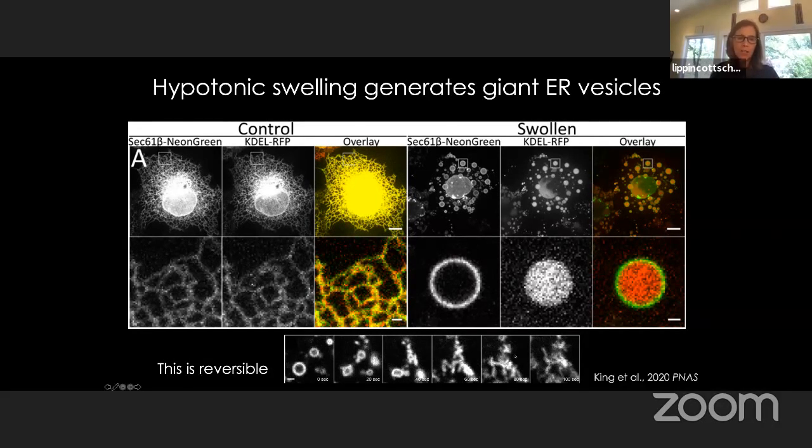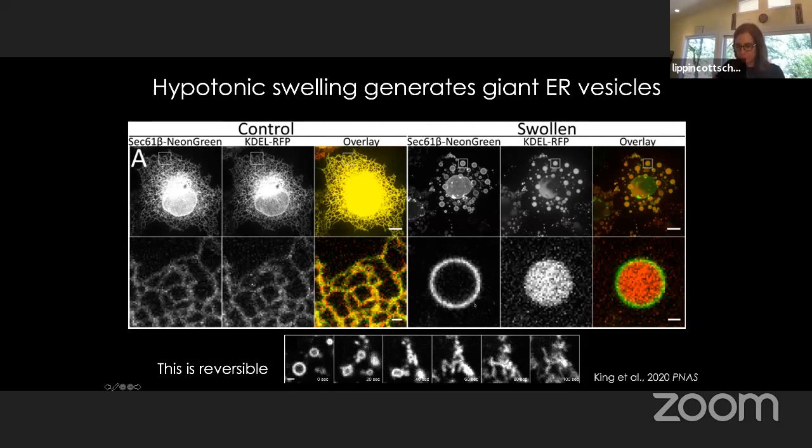And the fact that we can see the ER reassemble this way is extremely exciting because it suggests that there's a mechanism by which these membranes can actually refuse and retubulate the ER after there's been this kind of osmotic transformation and fragmentation of the ER.